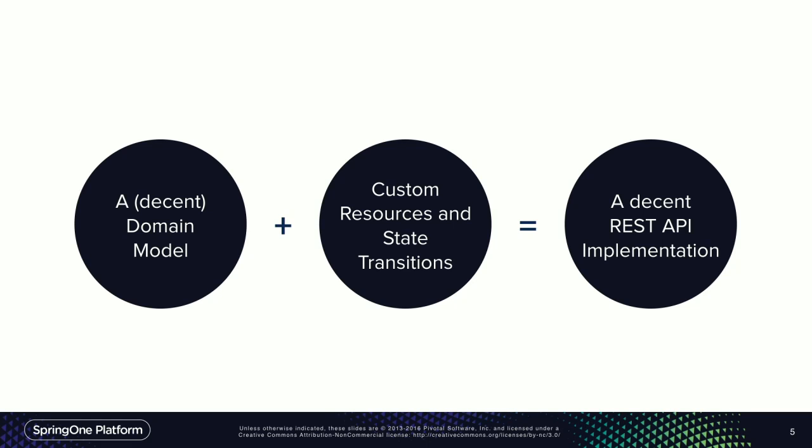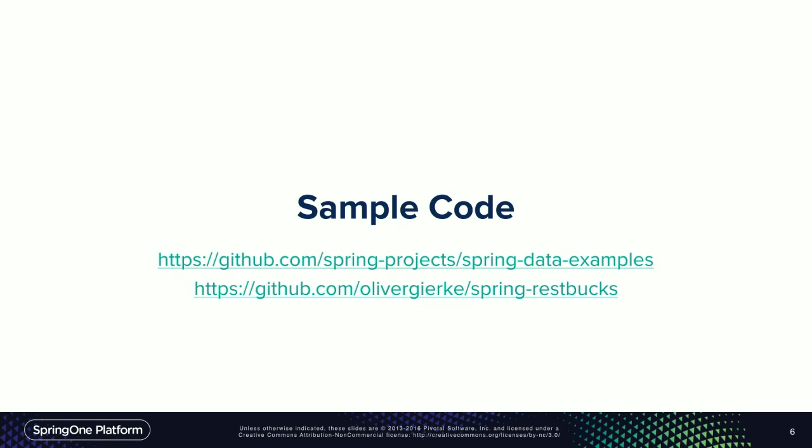I just want to set the context slightly, because I often hear that it's just flipping tables by 90 degrees and calling this JSON and being done with it. That's not it. So for the rest of the presentation, I'd like to spend the time showing you a couple of the Spring Data examples. If you have skimmed through them already, you might find some things familiar, especially with the latter example, the Spring RESTBucks one.